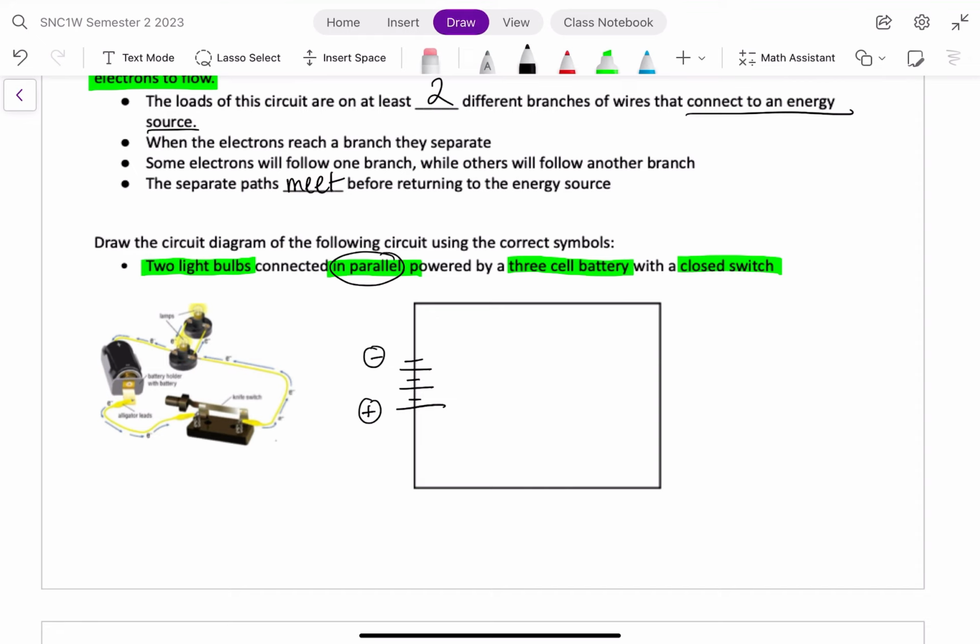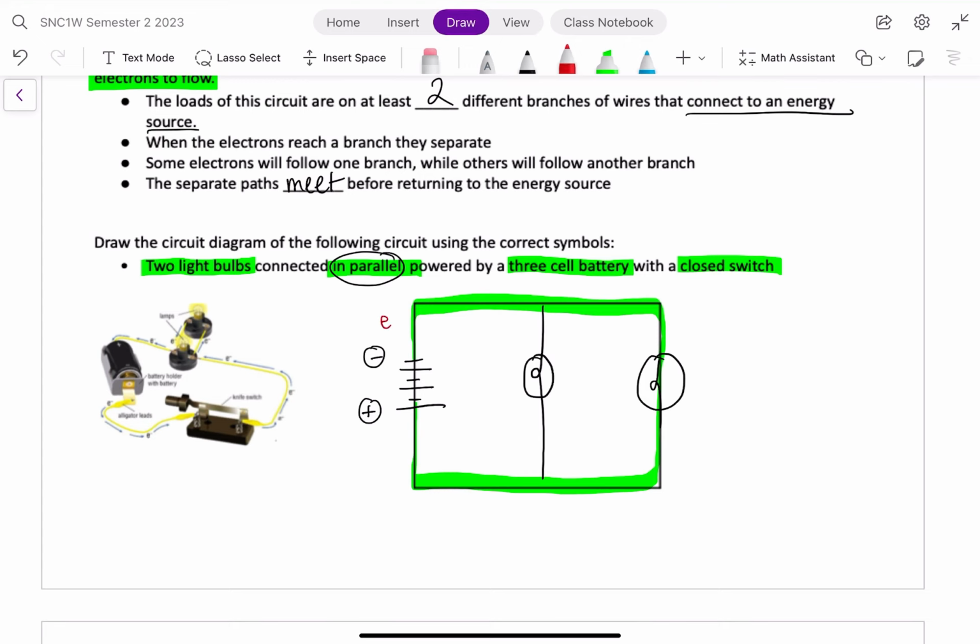So that means that when you go to draw a line over your circuit, it needs to have 2 different paths for the light bulbs to be on. So my first one will be here, and then you can draw another vertical line for the second light bulb.